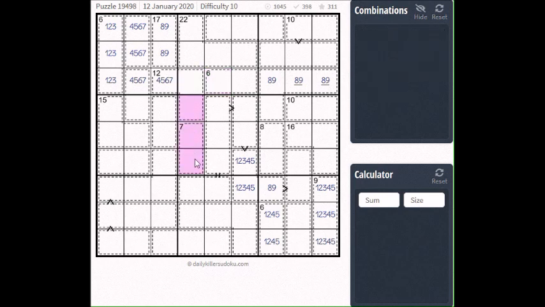So the 7 is not here, it's not here, and is not here. Also the 8 and 9 are both not in any of these cells. This is interesting because the 7, 9, and 8 would be in these two cages.